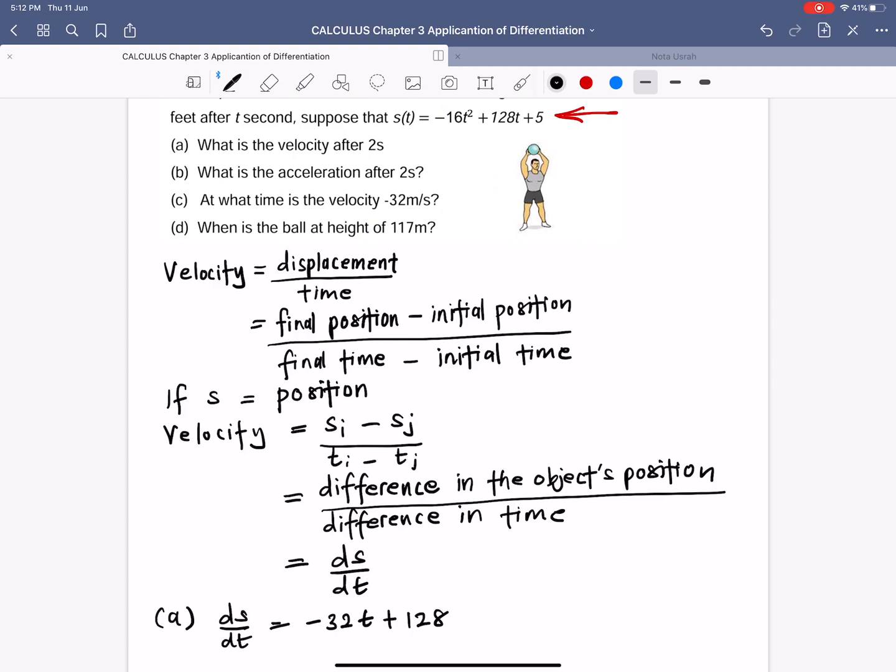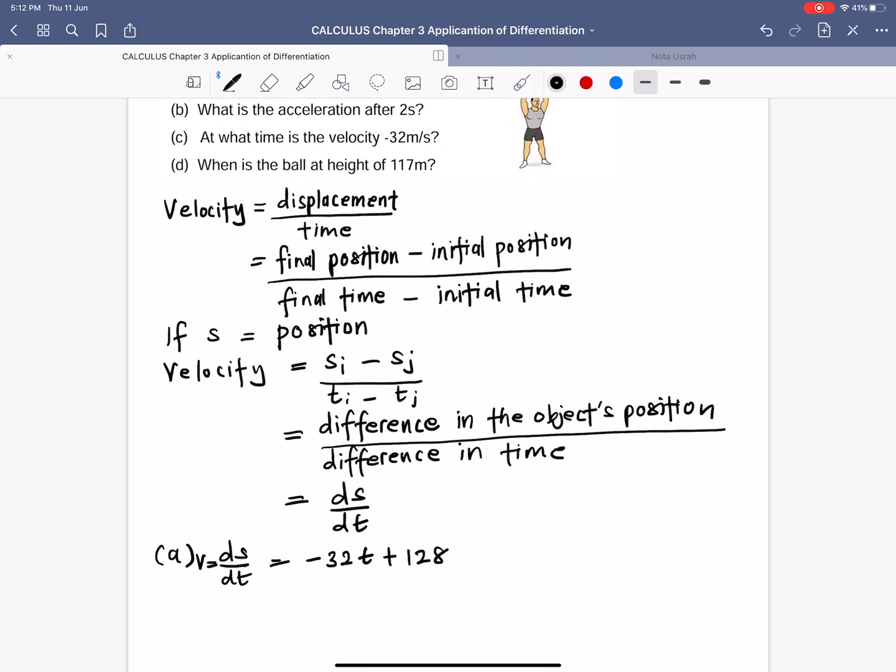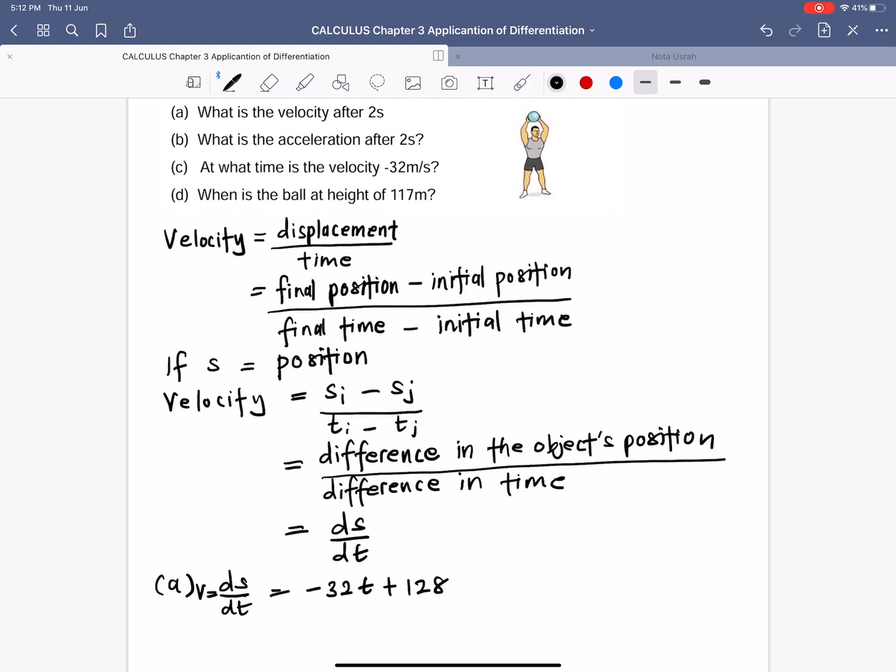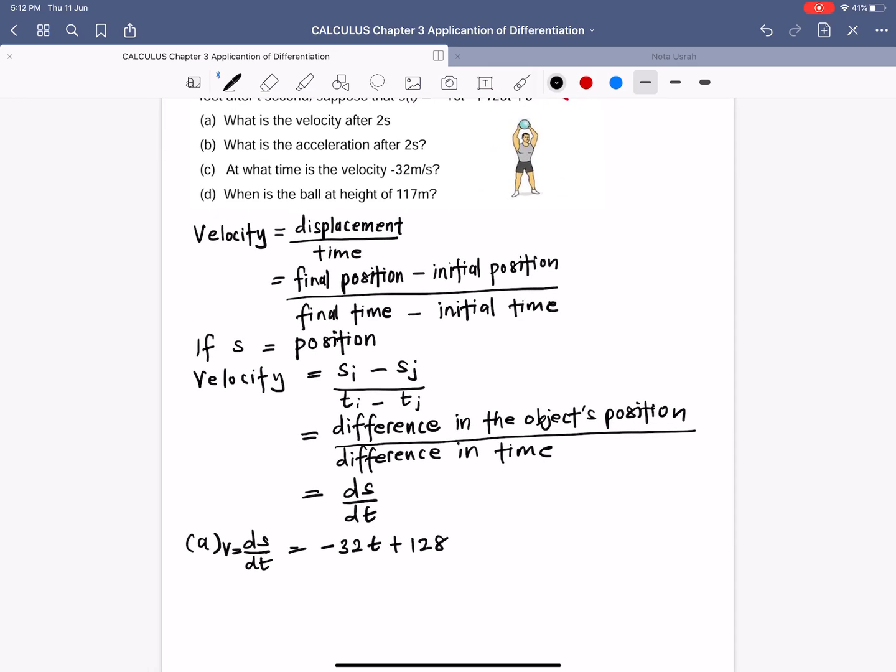And for question A, we want to find the velocity V after 2 seconds. So we will substitute t equals 2 into this result.